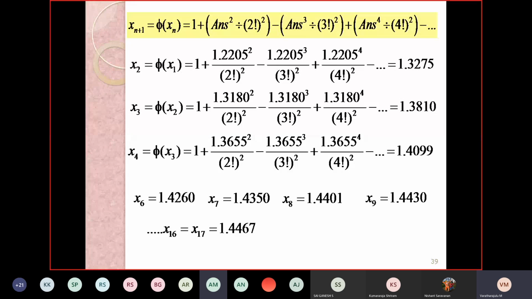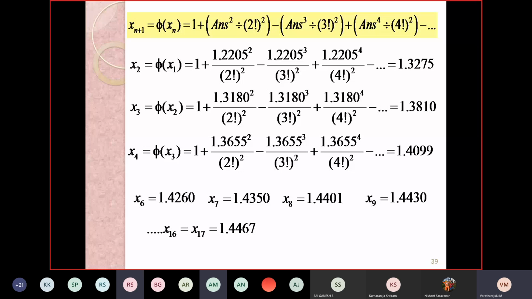The result is, while giving again, entering 1, in x18 we will get 1.4468, and continuing the iteration you'll get x19 and x20 and so on equal to 1.4468. Therefore, the result of this particular problem is 1.4468.